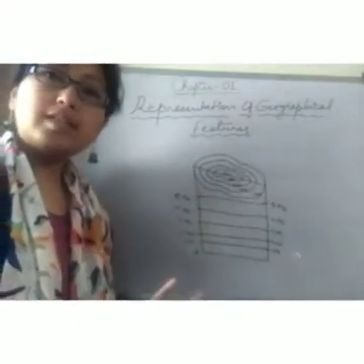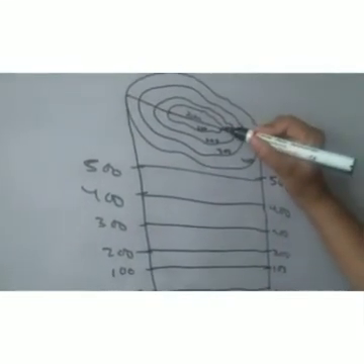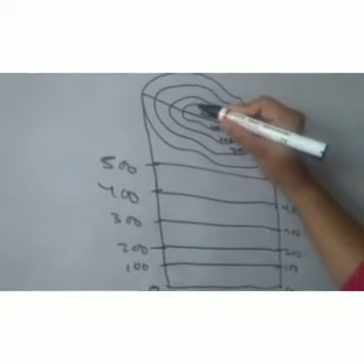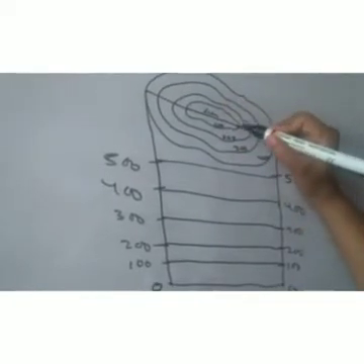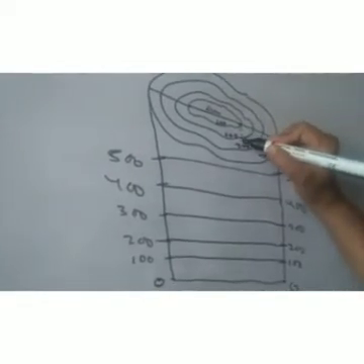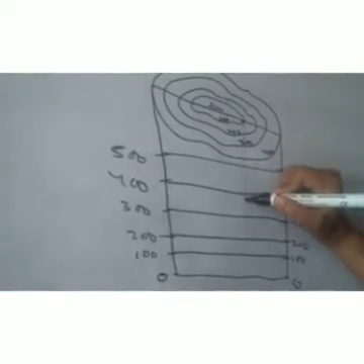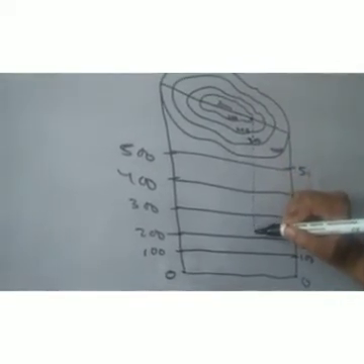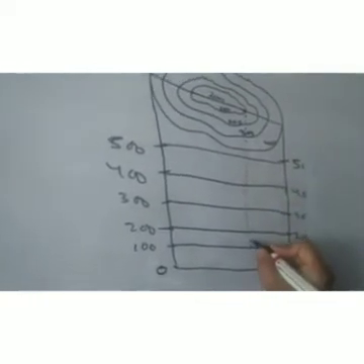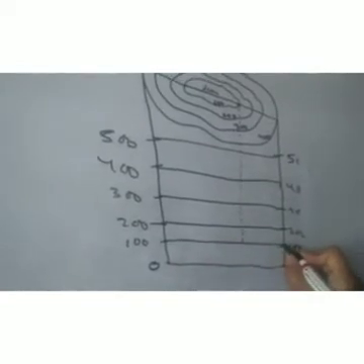Now the next step: you are going to mark this 100 meter. The last extent is here. You make a dash line and end that dash line up to here, because this is the 100 meter height.